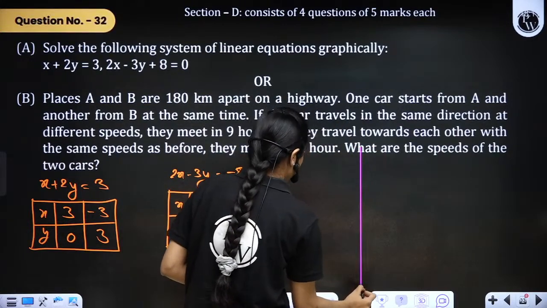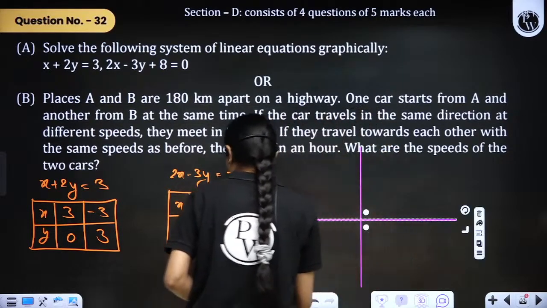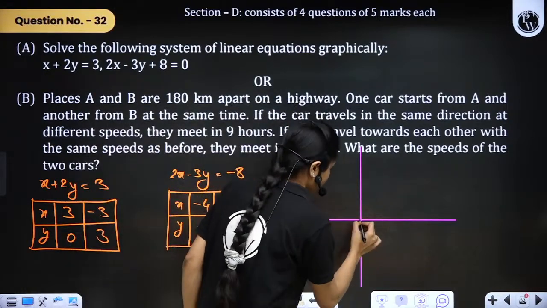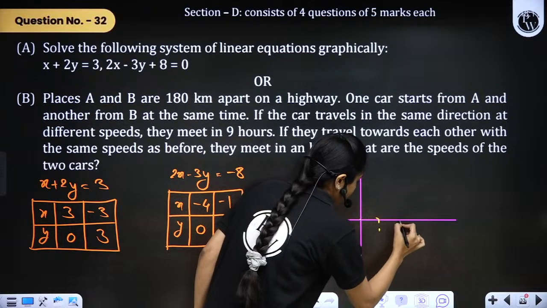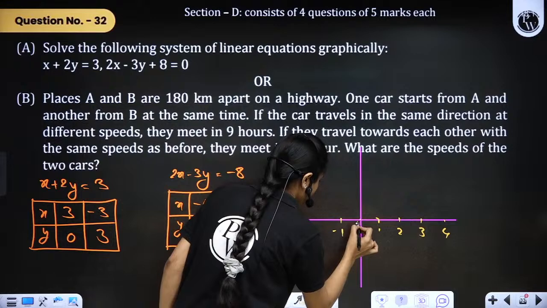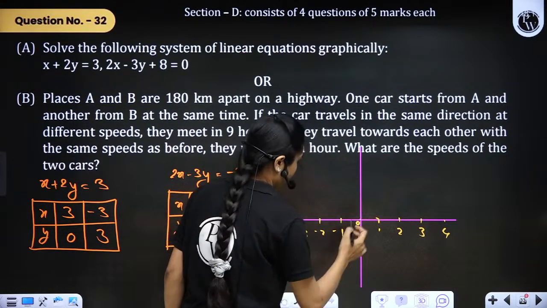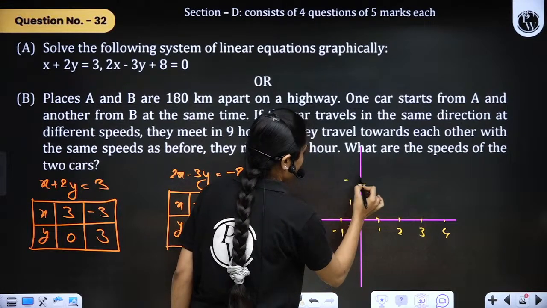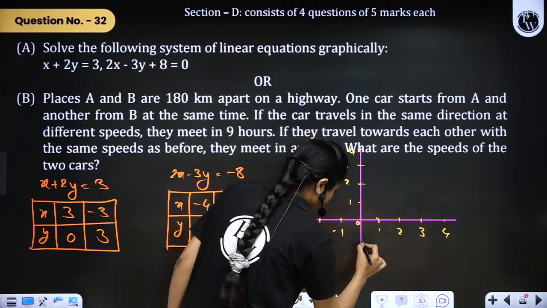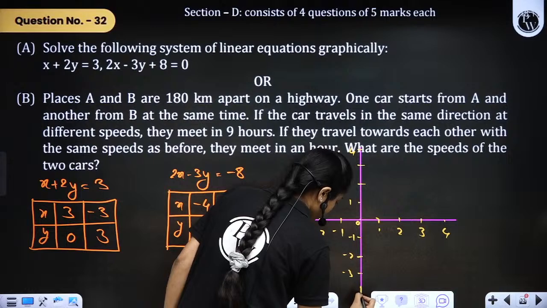I'm just taking the smaller scale, okay? Highest point that we have is 4, no? 1, 2, 3, 4, minus 1, minus 2, minus 3, minus 4. 1, 2, 3, 4, minus 1, minus 2, minus 3, minus 4.